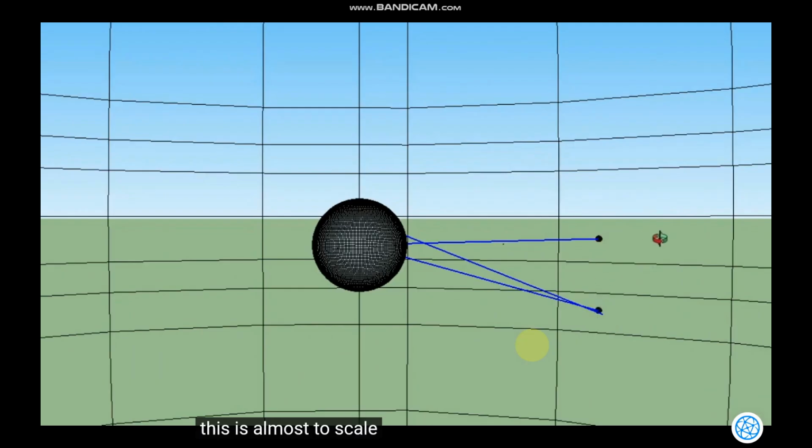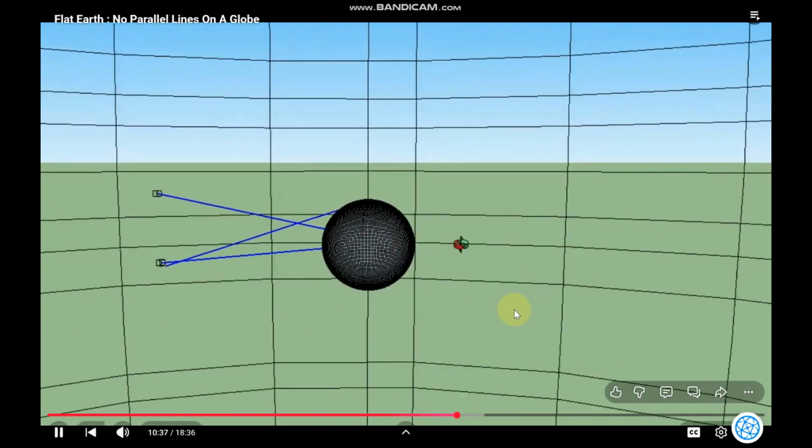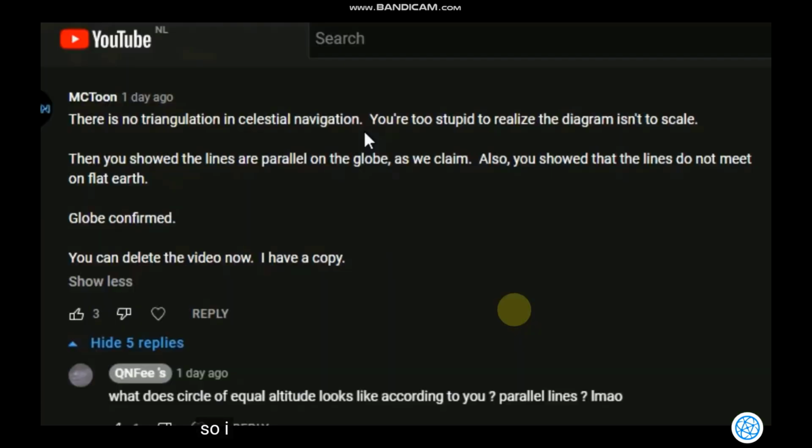This is almost to scale. Moron. So, I prove you wrong here.